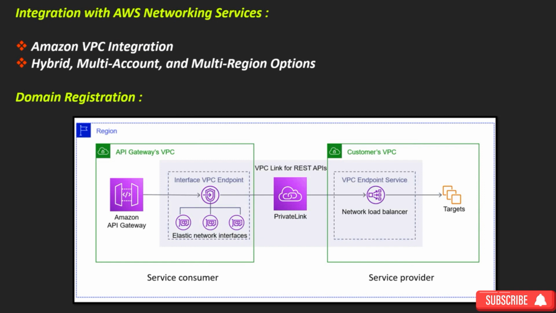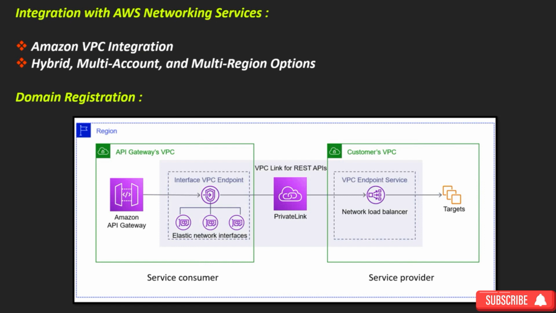What about integration with AWS networking services? Starting with Amazon VPC integration, the first step is secure connectivity. Integrating Route 53 with Amazon Virtual Private Cloud enhances the security and privacy of DNS queries within the VPC.